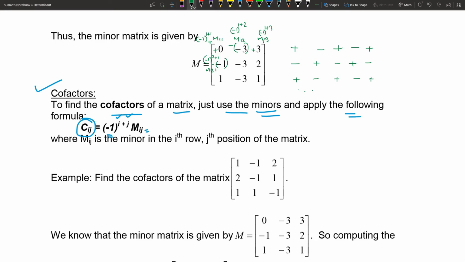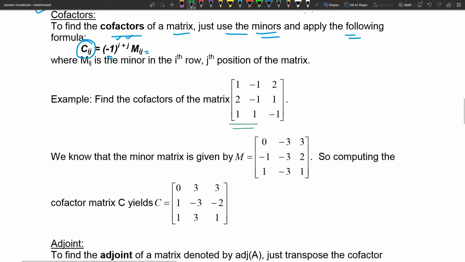So for the same matrix, whatever minor matrix we have found, that is 0, minus 3, 3, minus 1, minus 3, 2, 1, minus 3, 1, that is our minor matrix. So use the formula, that is minus 1 whole to the power i plus j into Mij. So here the first one must be plus, then minus, plus, minus, plus, minus, then plus, minus, plus.